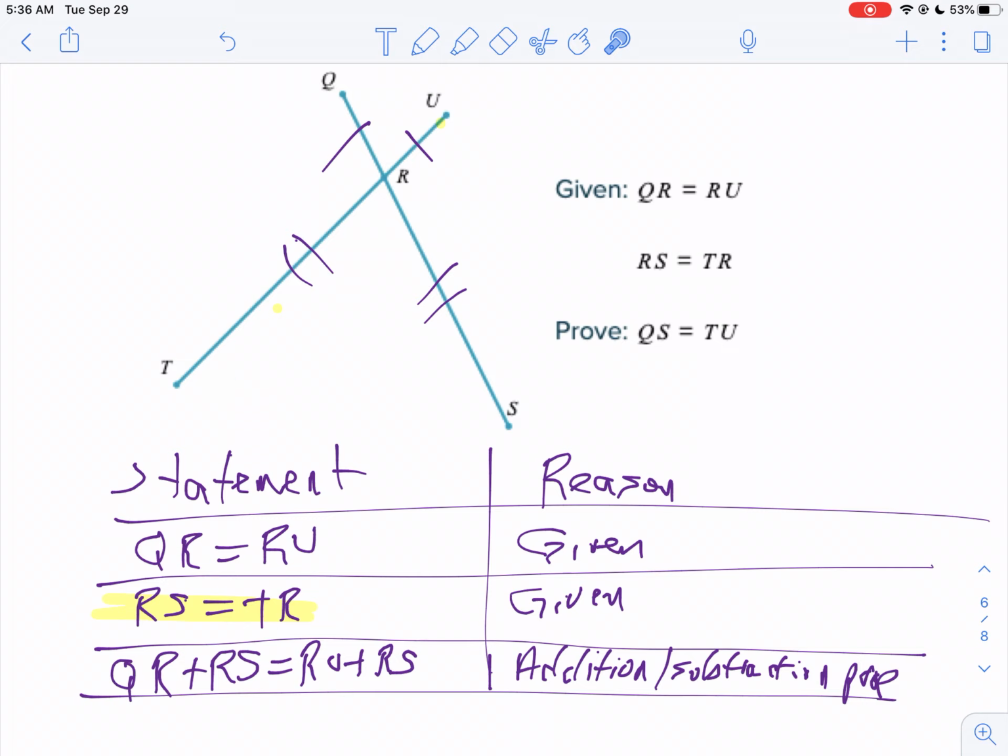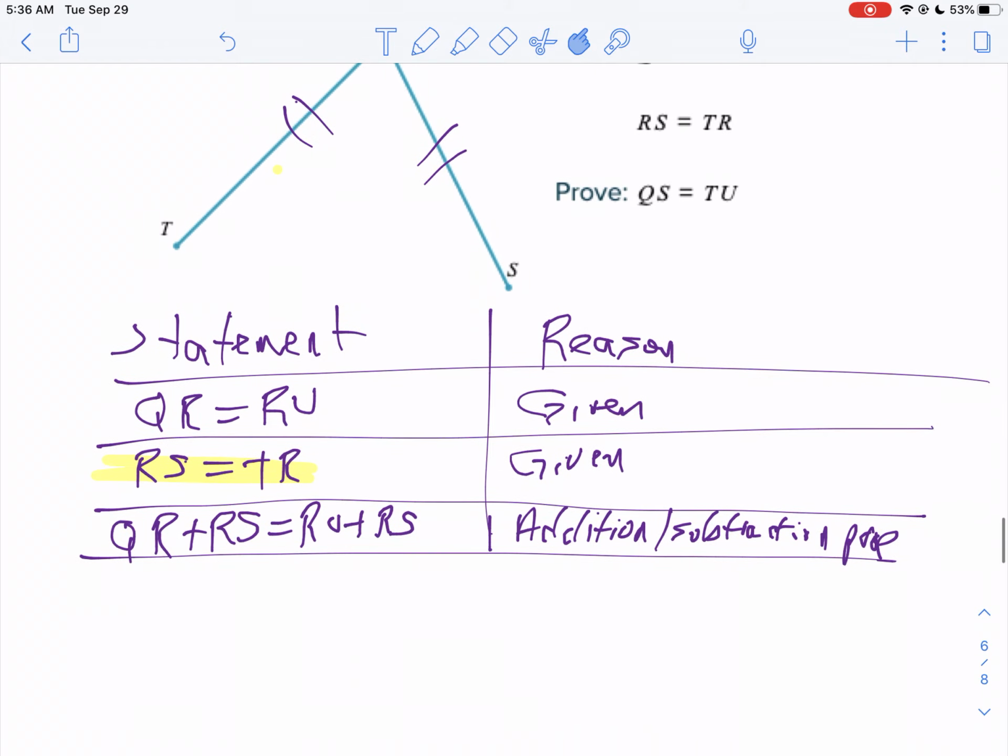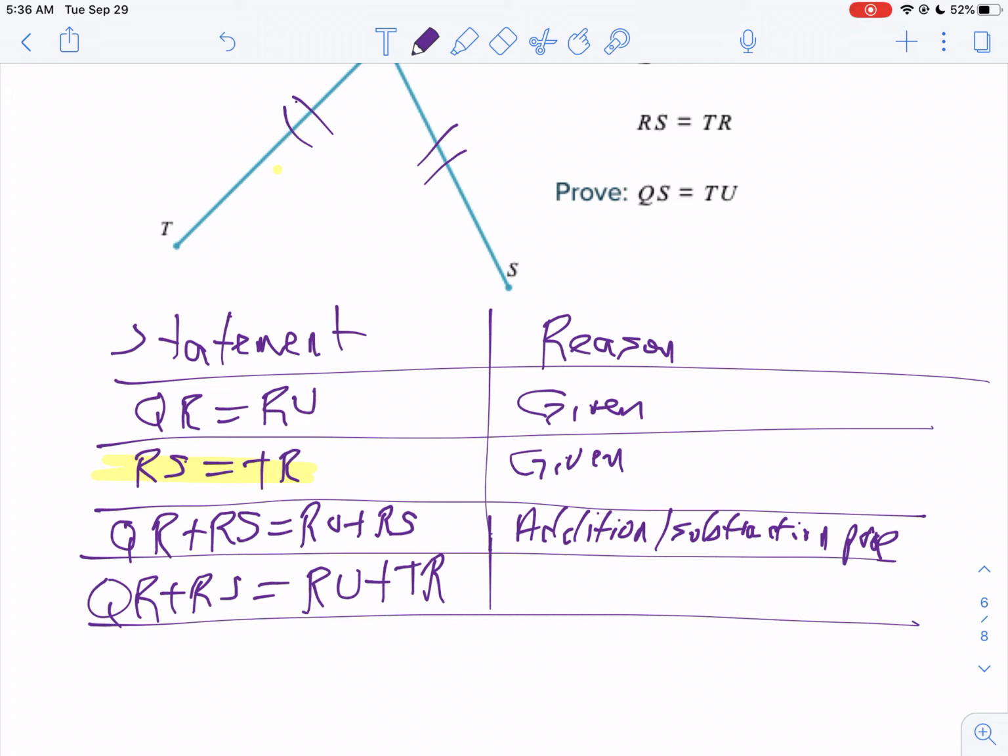So instead of writing RS, I'm going to write TR. So in the third line, I'm going to say RU plus TR equals QR plus RS. Those are along the same line, so I'm going to leave those alone. That's substitution.